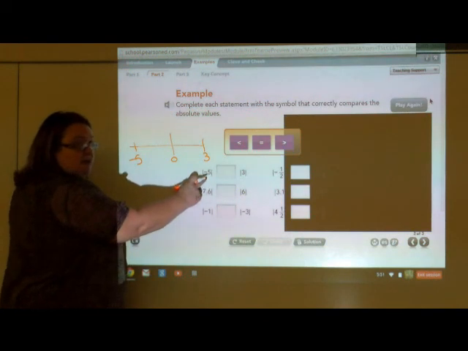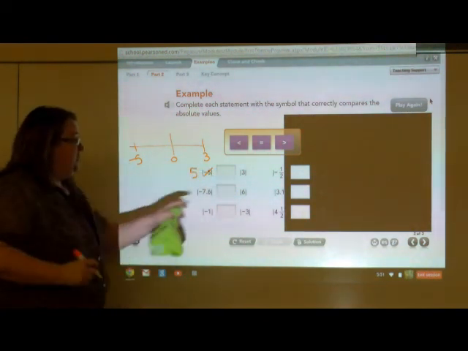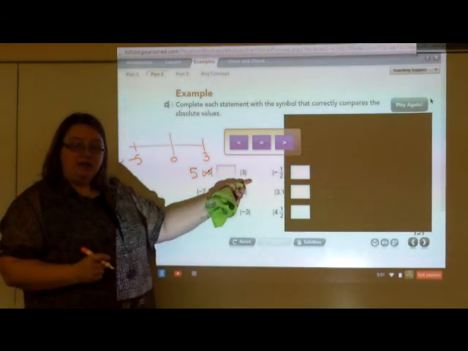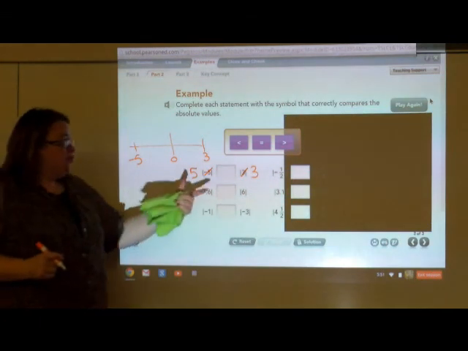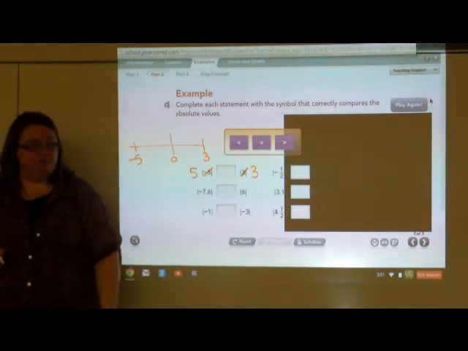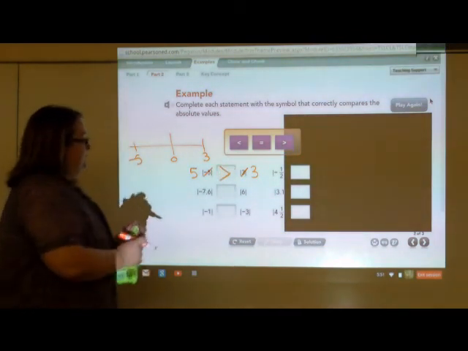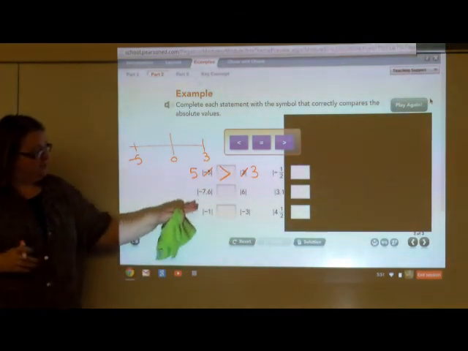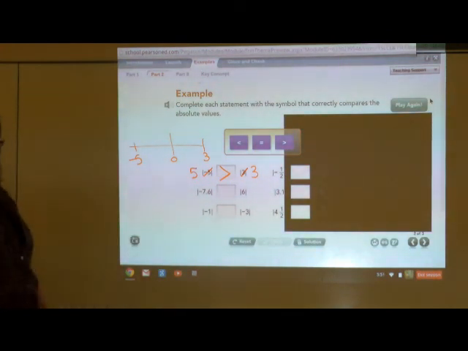Well, the absolute value of -5 is now 5. The absolute value of 3 is 3. So, which one is going to be greater? 5. So I'm going to put the greater than sign in. I want you to try it for these next two and see what you come up with. So go ahead and pause at this moment.